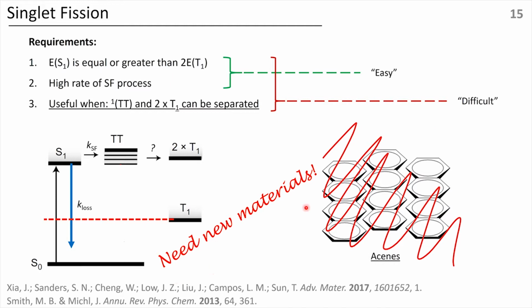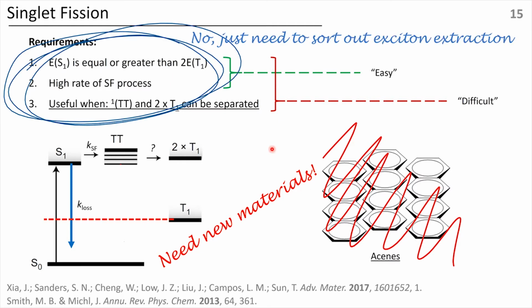And some people say that, well, we need to scratch this material to find new ones, while other people say that, well, actually no, we already know that that material does satisfy the requirements fairly well. We just have to sort out one little detail in the design of the device.